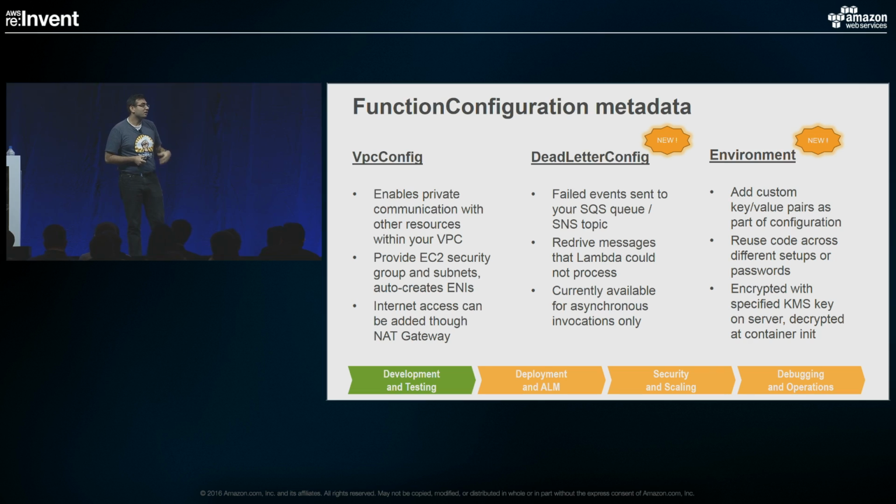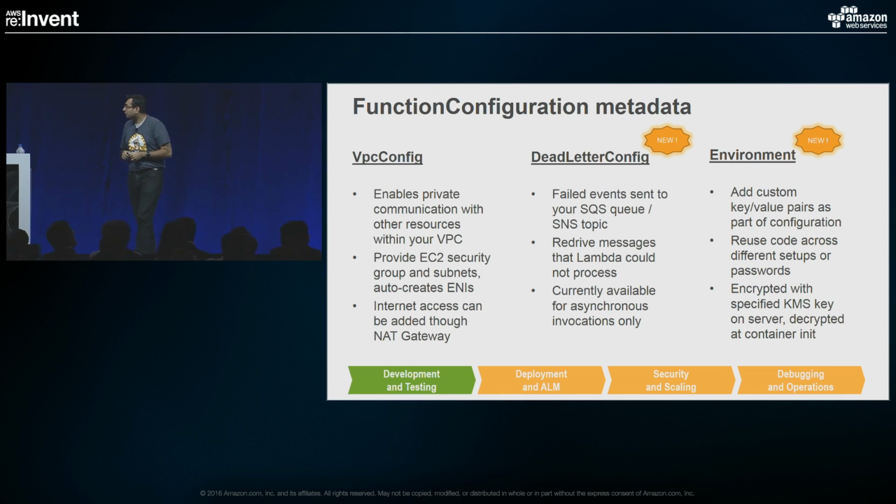And then when Lambda tries to execute the function and it cannot, it'll write that event message onto the dead letter queue, which will allow you to then redrive those messages in the way you want. So now you have the durability of your data, that it's either going to get processed or it's going to be returned back to me in the dead letter queue, which I can redrive on my own.